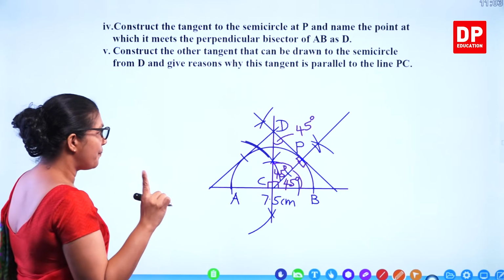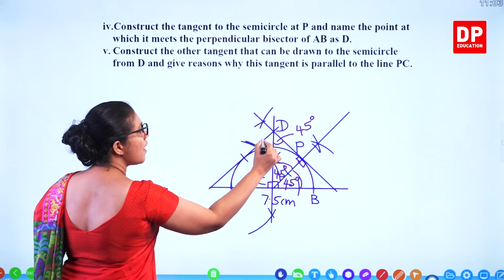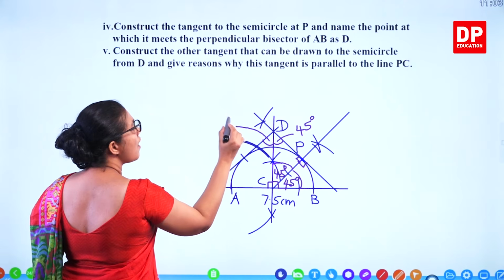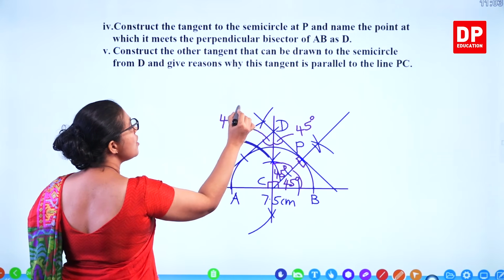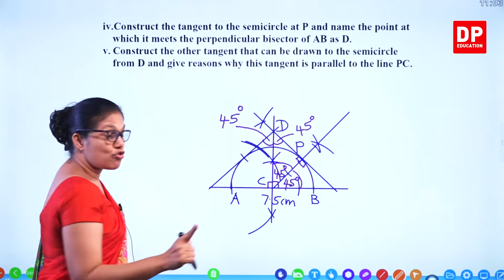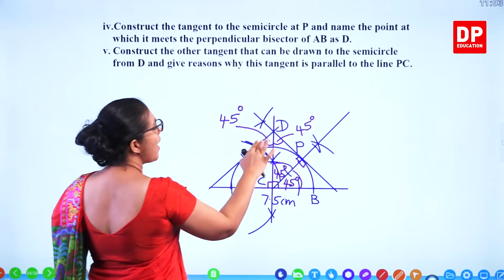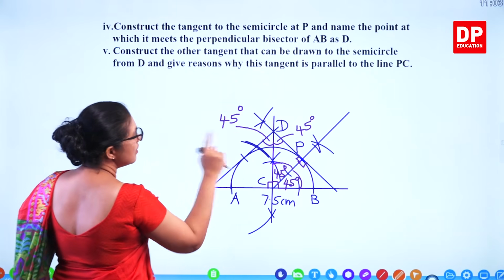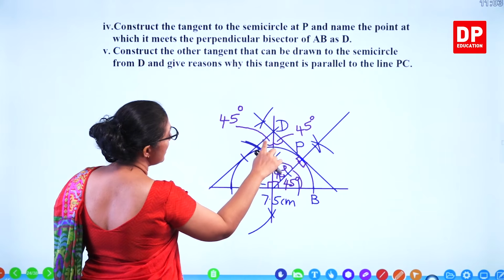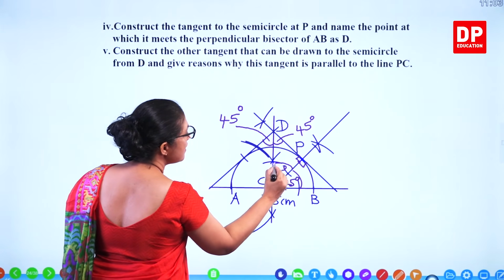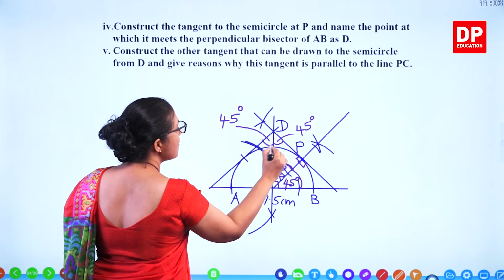And also, if this is 45, this is 45. Why? We know the two tangents bisect the angle. So these two angles are equal. Now what can you say? This is 45 and this angle is 45.